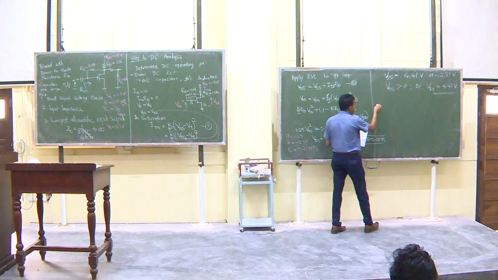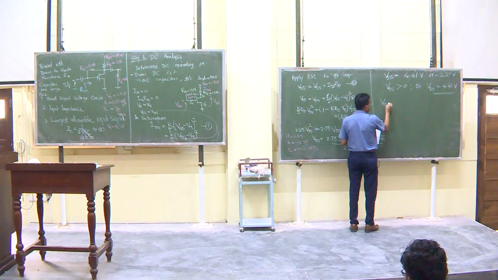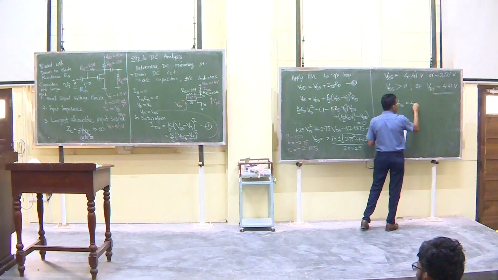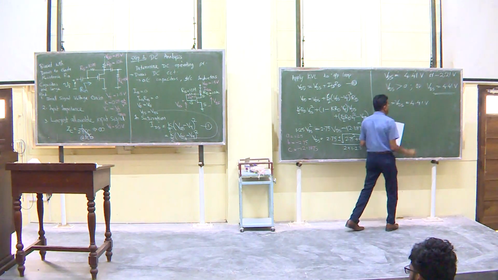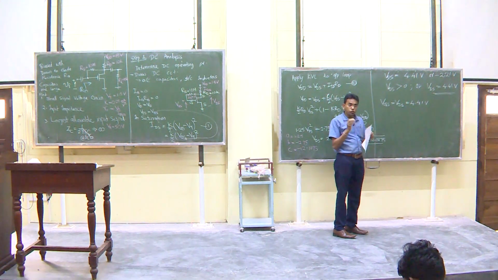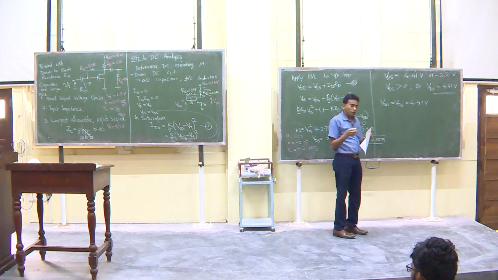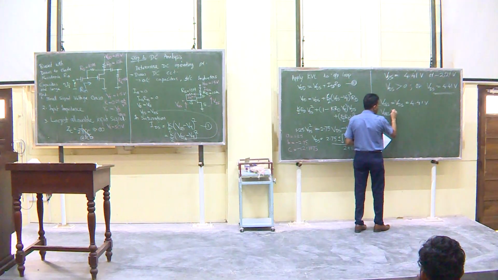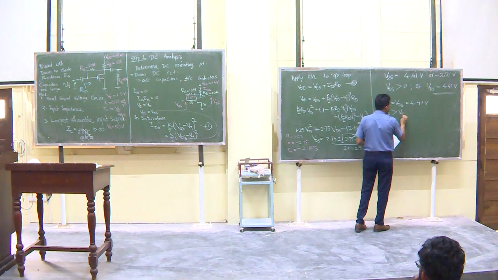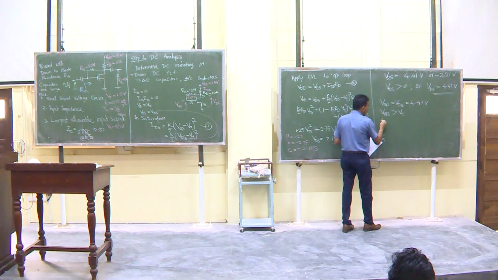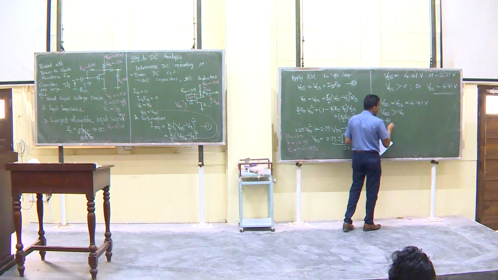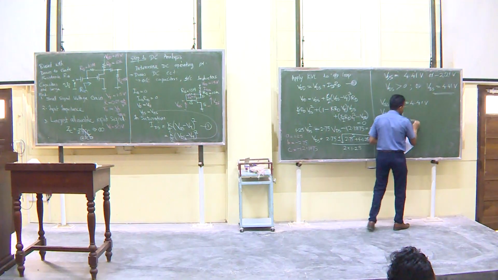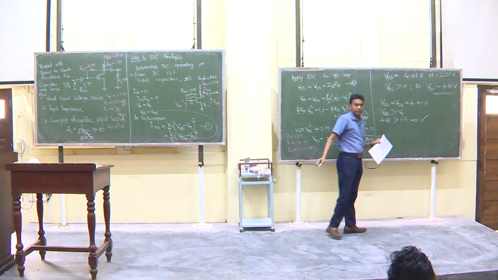Now, if that is the case, we know that VGS is also equal to VDS, that is equal to 4.41. Now, if this is to be in saturation, VGS has to be greater than VT. VGS is what? 4.41, which is greater than 1.5. So, therefore, that is satisfied.